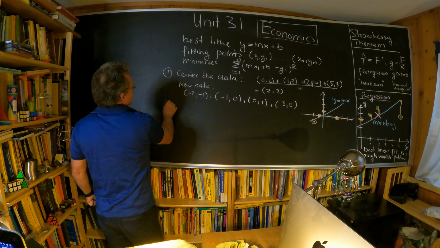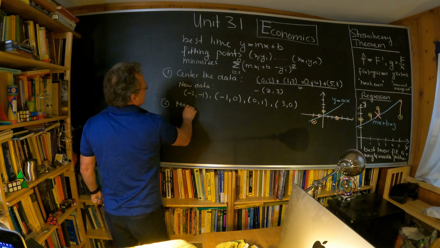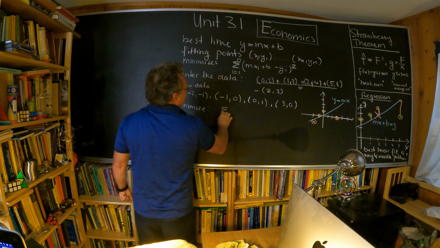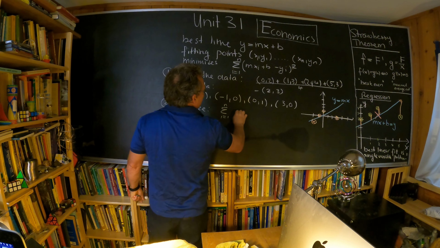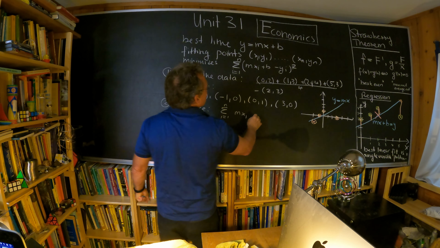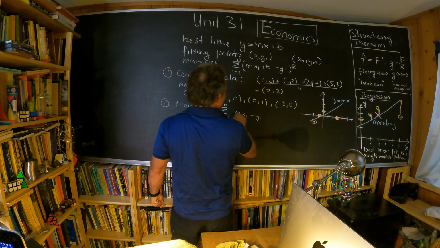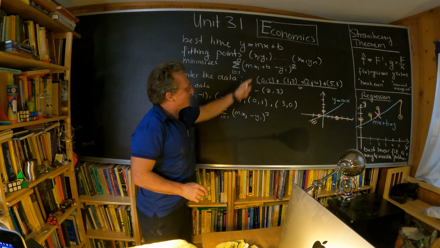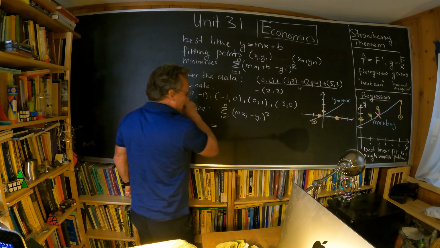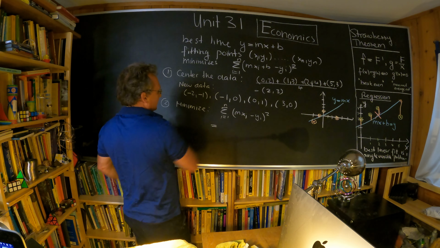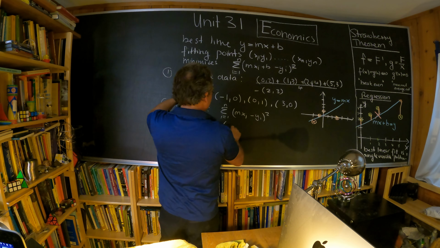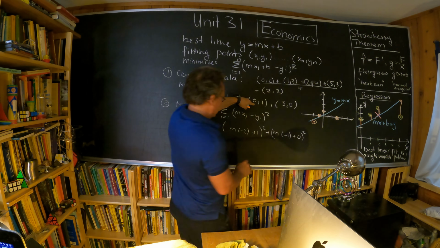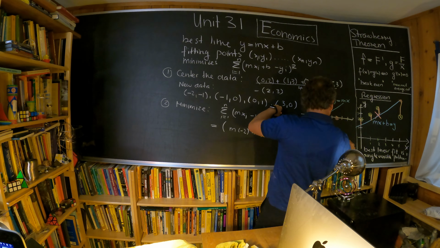Now what we do is we minimize the sum, i equal to 1 to n, of (m x_i minus y_i) squared. So in this case now we have everything shifted. So with this new data, this is m times minus 2 minus 1, squared, plus m times minus 1 plus 0, squared, plus m times 0 minus 1, squared, and finally m times 3 minus 0, squared.